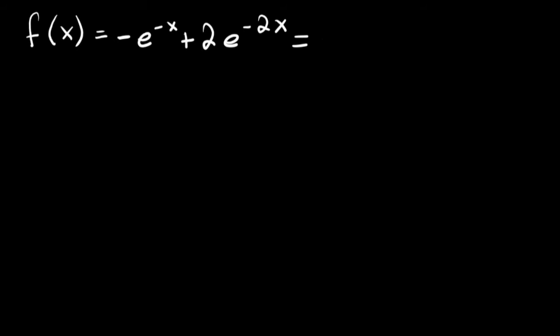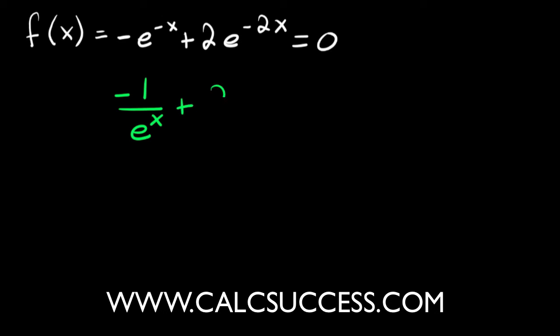Okay, so we want to find the zeros and where this guy doesn't exist. If we're looking for where this guy is undefined, probably the first thing we would do, since this is e to the negative x, notice that this is simply 1 over e to the positive x plus 2 over e to the positive 2x.